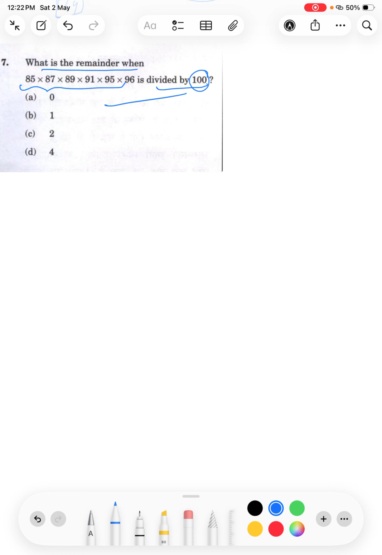Let's look at this problem. Before we go into solving this problem, let's see a small concept.